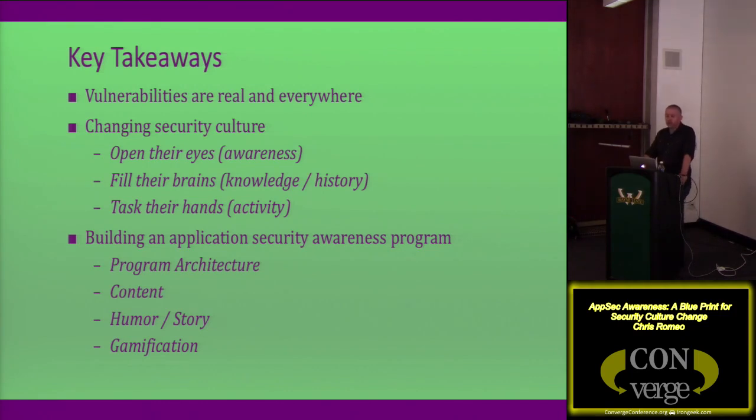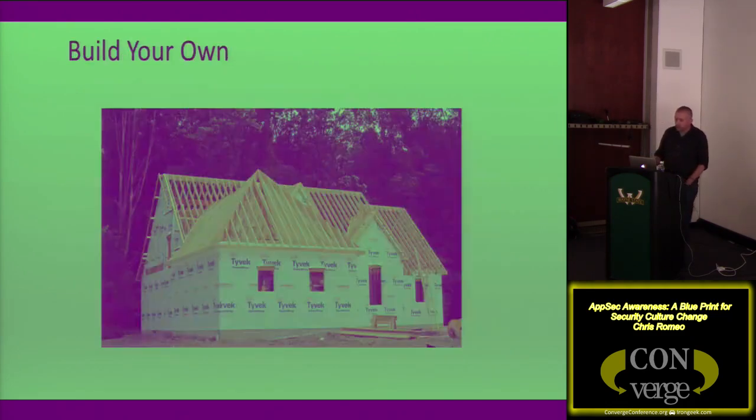I think of the programs as architecture, content, humor and story, and then gamification. You need all of these pieces to have a successful program that people actually enjoy. You can get away with leaving some of them out, but you're not going to have the same impact as if you do all those things.